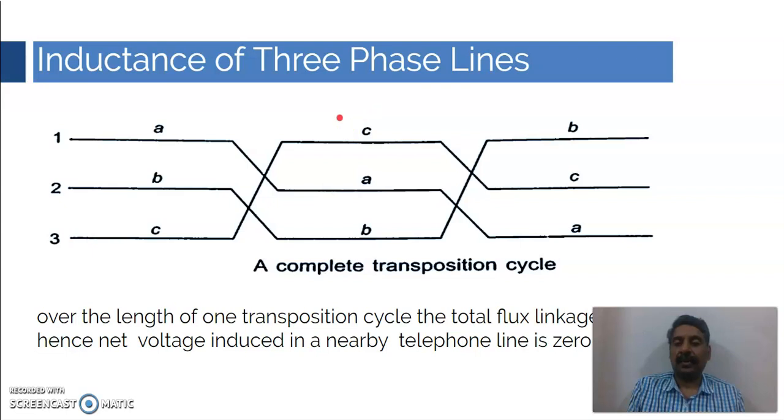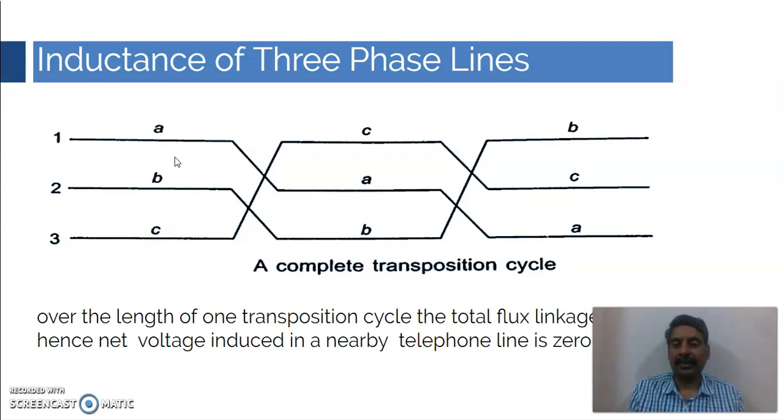Okay, so again after the same distance, we'll again change. A, which is in position 2 in section 2, will now move to position 3 in section 3. And similarly B moves to position 1 in section 3, whereas the conductor C, which is in position 1 in section 2, will move to position 2 in section 3.